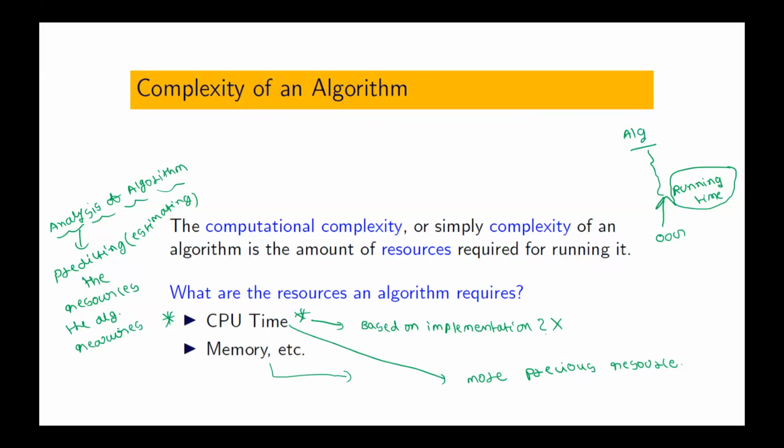Predicting the resources the algorithm requires, that is known as analysis of algorithm. That means we need to predict how much CPU time is required.